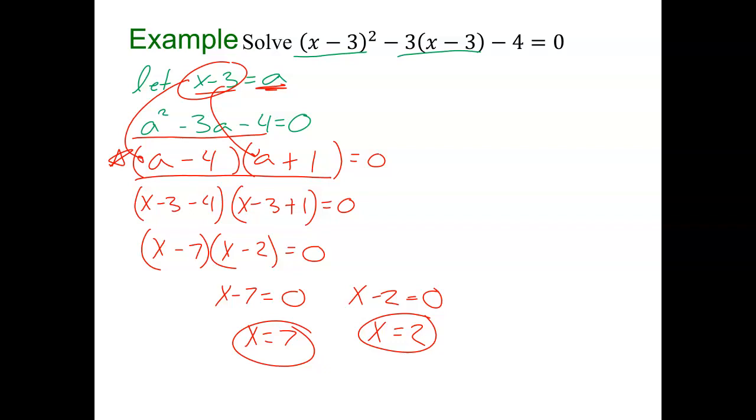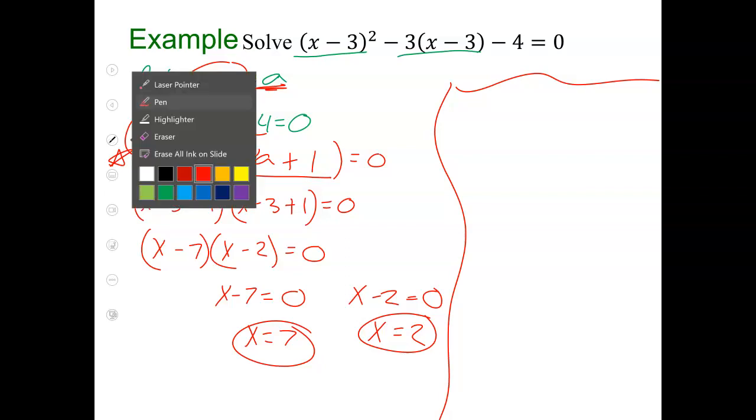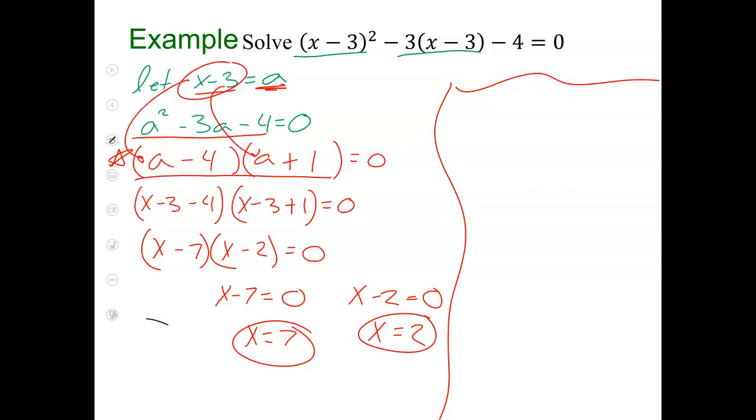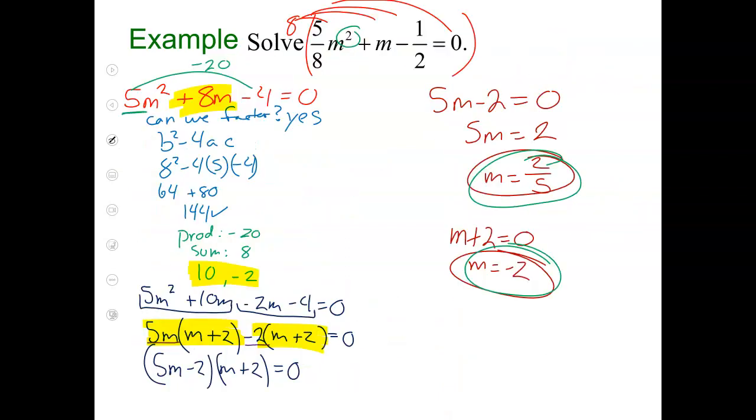Now, I want you to be careful. We're going to go to alternate reality real quick. I should have made this one a little bit more difficult to factor, but I wanted to be nice. So let's say we had this factor. We factored by grouping or factored by substitution. We end up with 5a minus 2 and a plus 2.